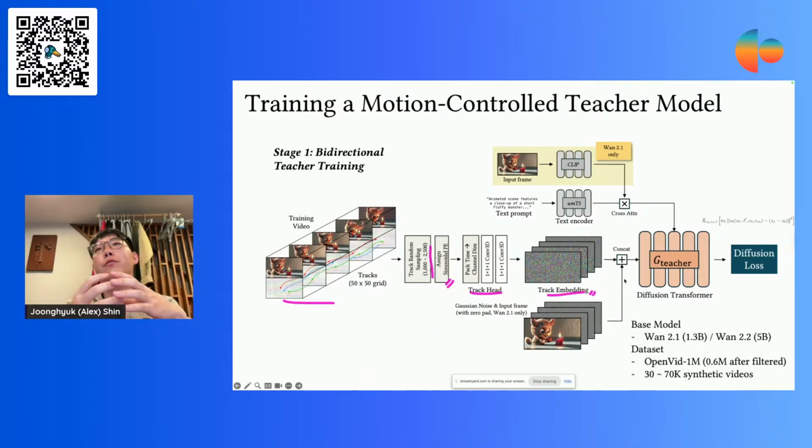Instead of using ControlNet, we simply do a channel-wise concatenation with the video latents and send it through the diffusion transformer to apply the final diffusion loss for fine-tuning. This way we can train the DiT, which is based on Wan 2.1 or 2.2. The dataset, as mentioned, is OpenVid 1 million plus 30 to 70K synthetic videos.